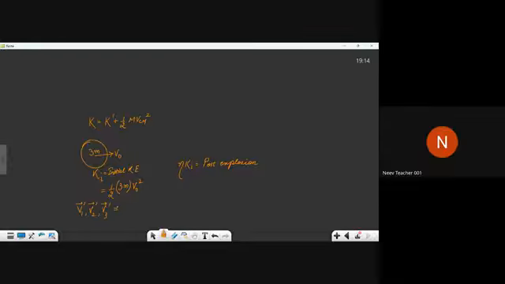These are as read from the center of mass frame. As read from which frame, class? Center of mass frame. Is it okay?